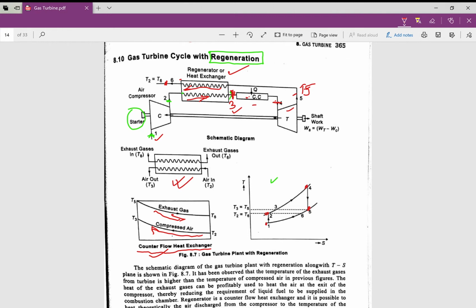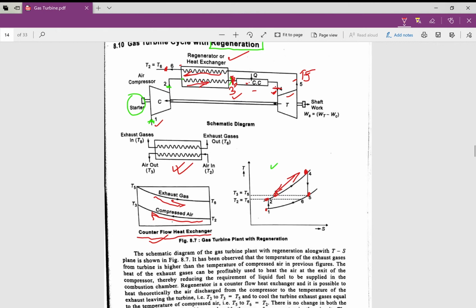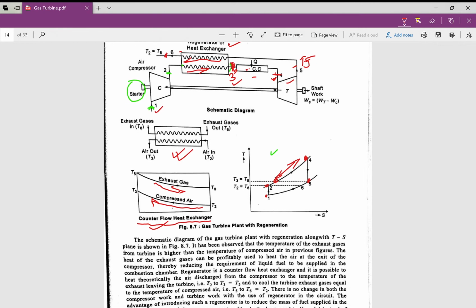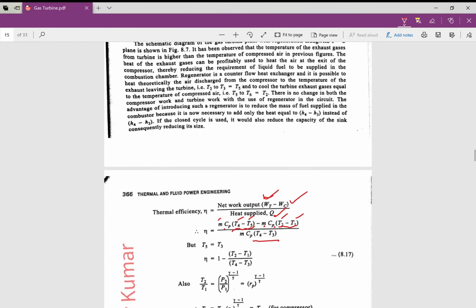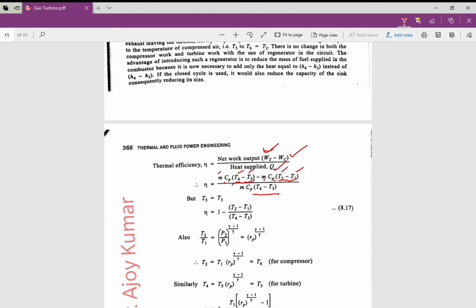So the temperature difference is T4 minus T3. In this process only we supply heat, so the temperature difference is written as T4 minus T3.